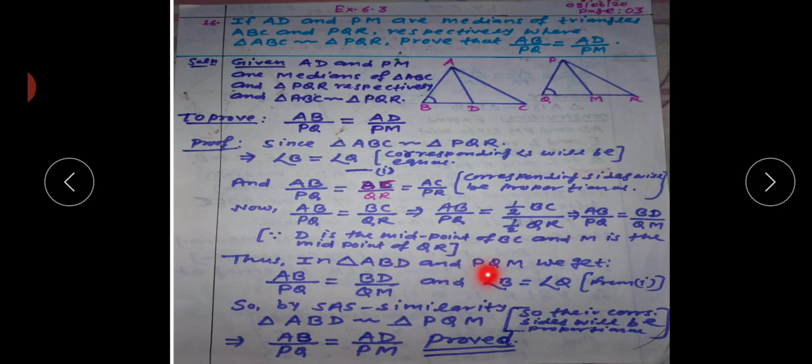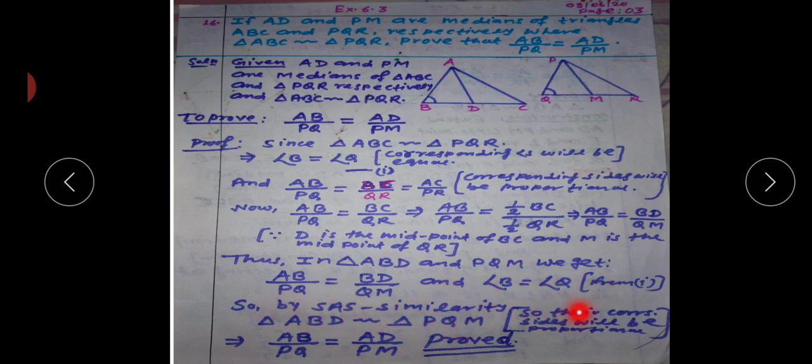In triangles ABD and PQM, we get AB upon PQ equal to BD upon QM, and the angle between AB and BD, that is angle B, and the angle between PQ and QM, that is angle Q, are equal from equation first. Angle B is equal to angle Q. So the ratio of two corresponding sides is equal and the angle between them has become equal.